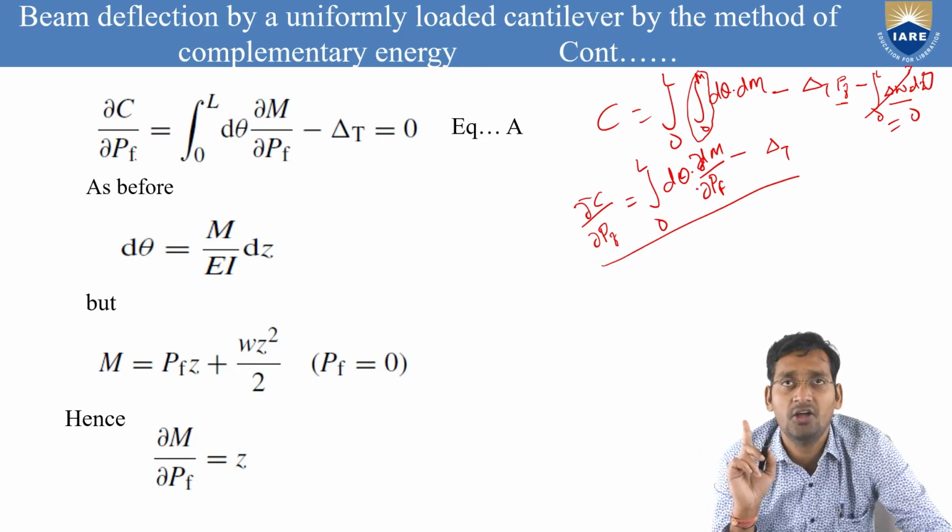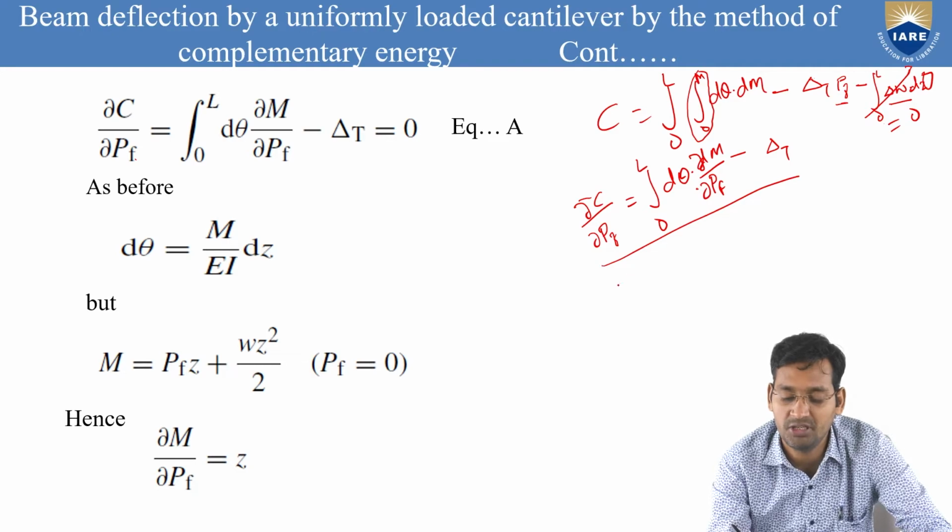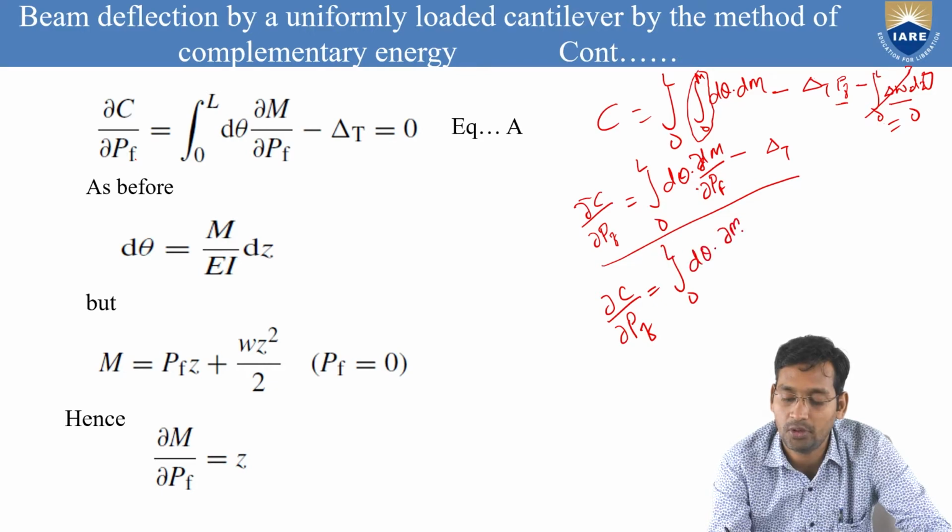Now, for the equilibrium, this must be equal to 0. So ∂C/∂PF equals the integral from 0 to L of dθ ∂M/∂PF minus ΔT equals 0.